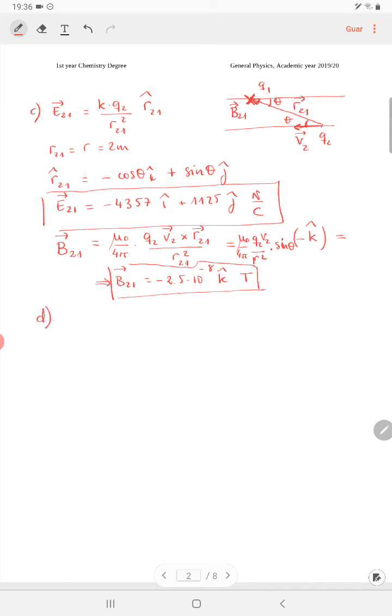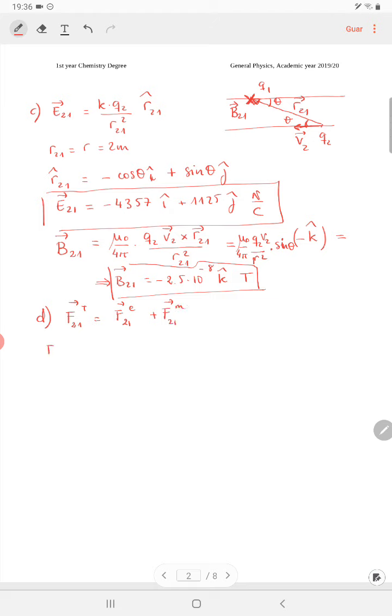Okay, so in the last section, they're saying, as you have an electric field and a magnetic field where the first charge is, calculate the total force exerted by these fields on it. So we have that the total force exerted on 1 because of 2 is going to be the part that comes from the electric field and the part that comes from the magnetic field.